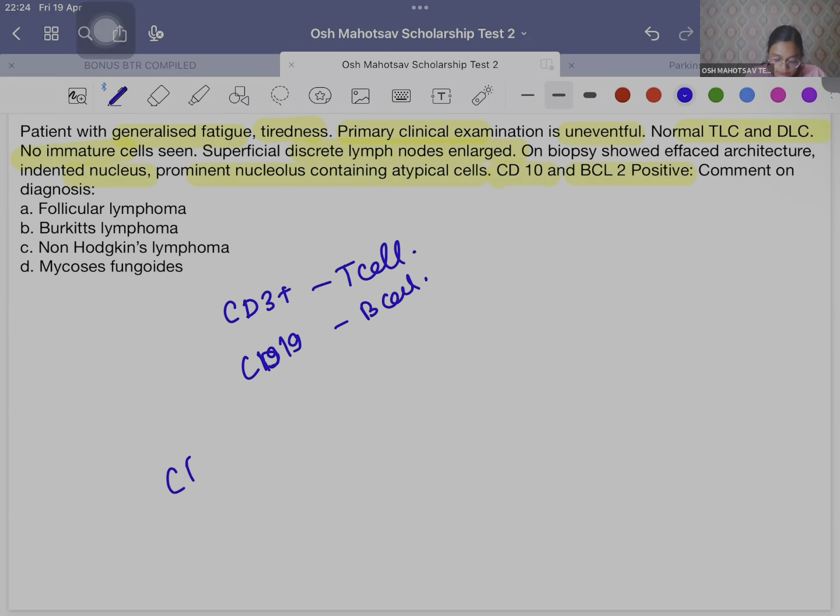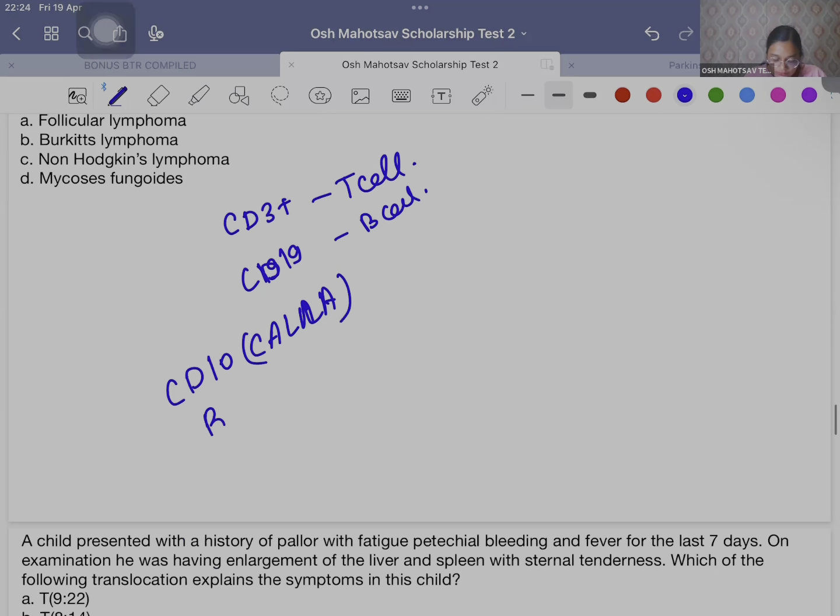If a cell has CD10, this is our CALLA antigen. If BCL6 is positive, then we can have two diagnoses. If they ask about excessive growth and extranodal involvement, and they give a history of Epstein-Barr virus, then the diagnosis will be diffuse large B cell lymphoma.